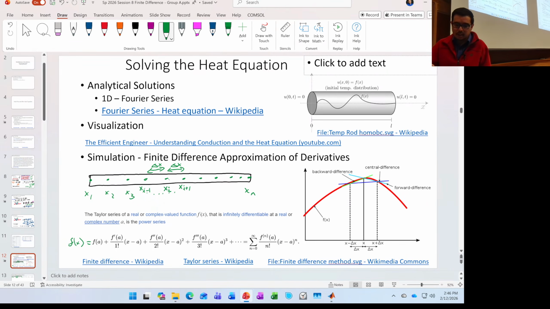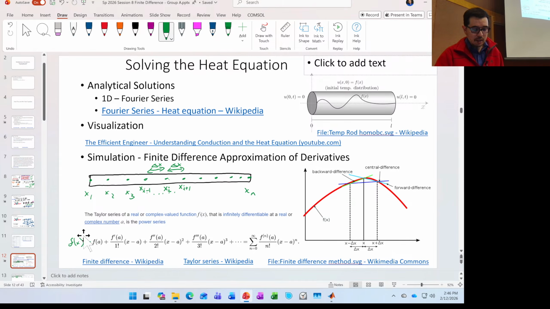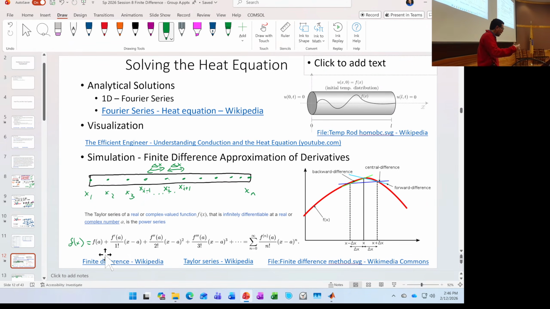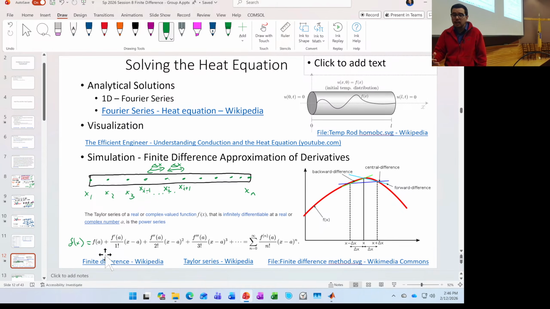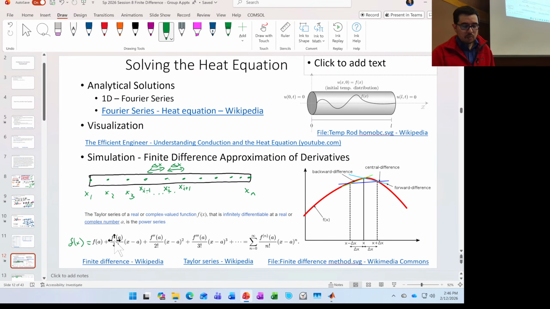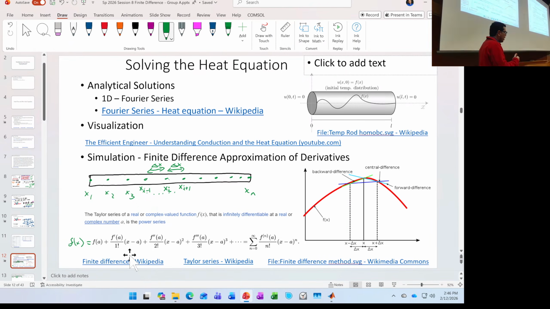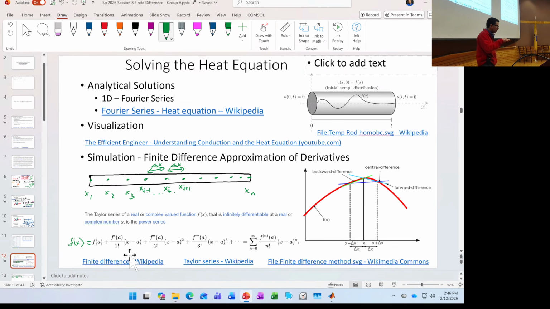So if you're interested in a value f of x at some location, and I know the value at another location, so f of a is a value that's known, but f of x is not known. And I know something about the slope at the known location, right?